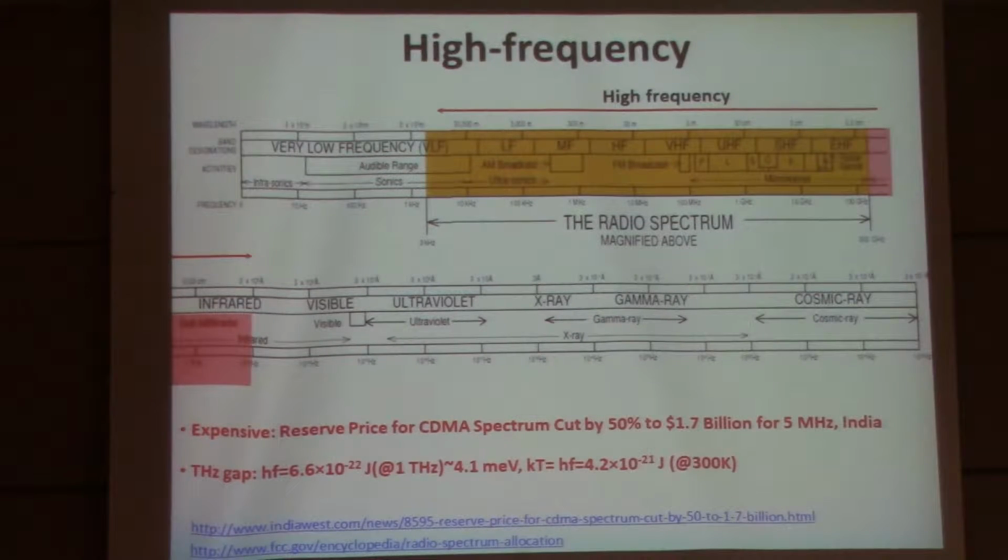So the energy level is not that distinct from, let's say, close to the thermal energy, right? So it's difficult for the optical people to handle. So it falls in the in between. And this is a very active research area as well, okay?